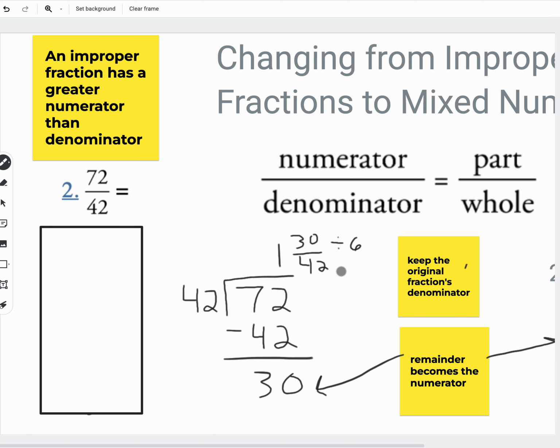Let's divide both by 6. 30 divided by 6 and 42 divided by 6 will give us 5/7. 72 over 42 can be rewritten as a mixed number, 1 5/7.